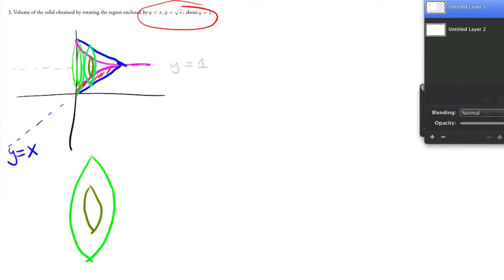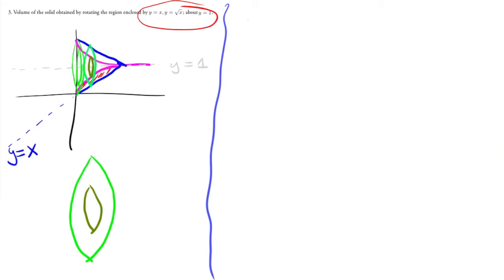And so what I want to do is to find the area of the cross section. The area of the cross section is just going to equal pi times the big radius, the distance from the center to the outside, so the big radius squared, minus the small radius squared.